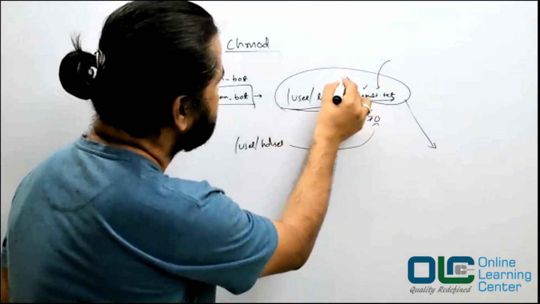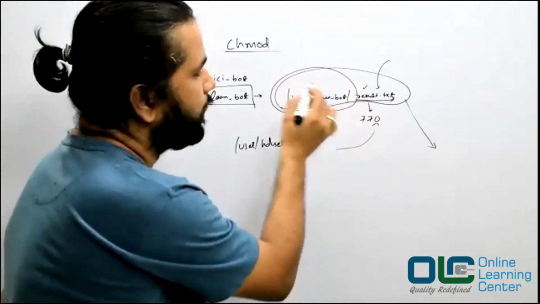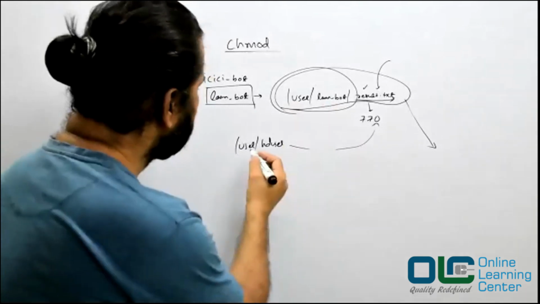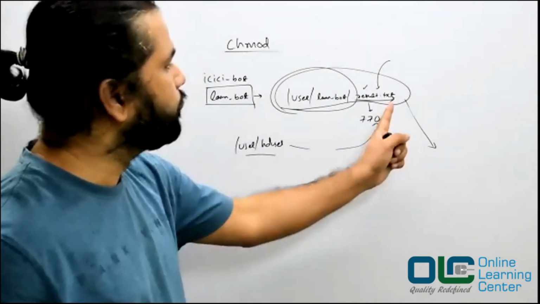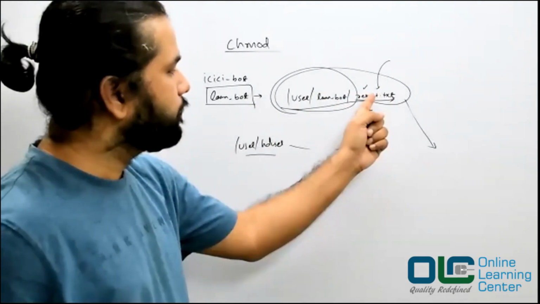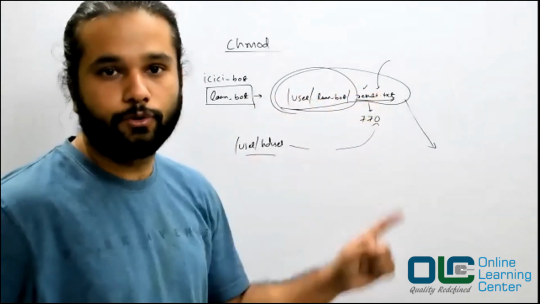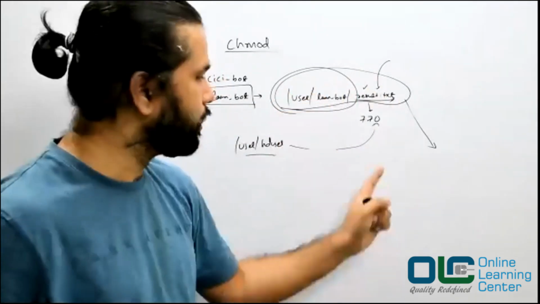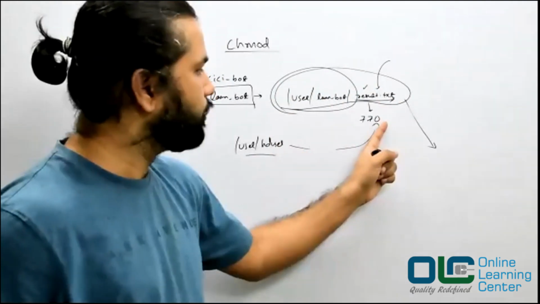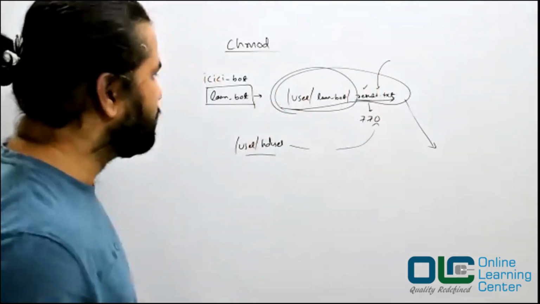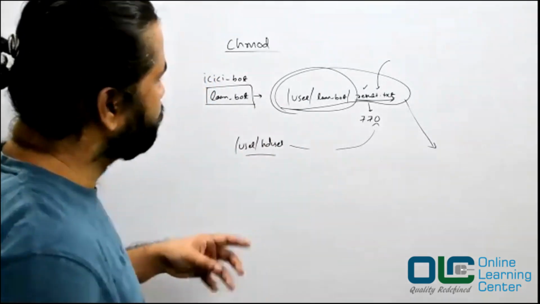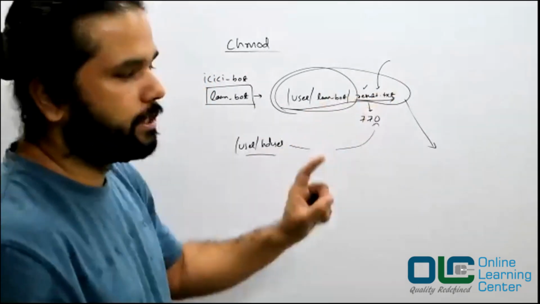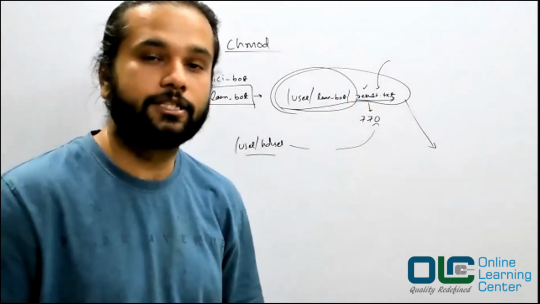This location is owned by loan bot only, and you are not a member of it, right? If you are not a member, then you will not be able to get rid of this result.txt. You cannot remove this data because you are an outsider. You cannot even read this data. And that is the reason you need chmod, so that you can do a chmod on this result.txt, read the data and change the permission.